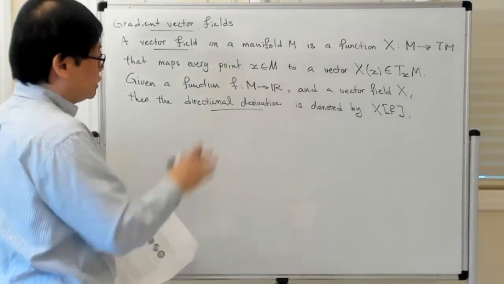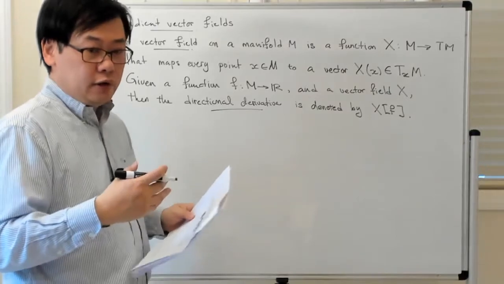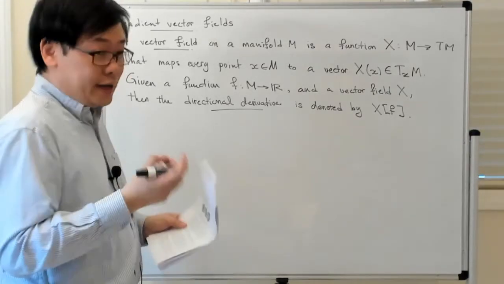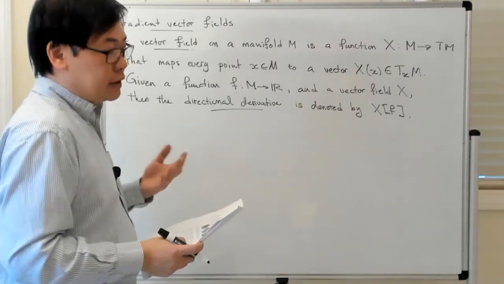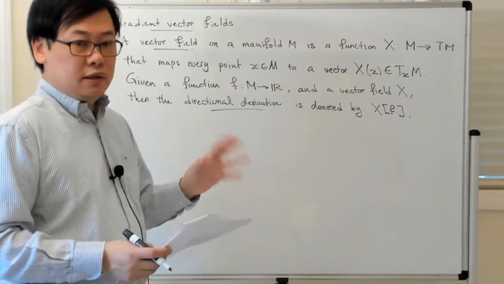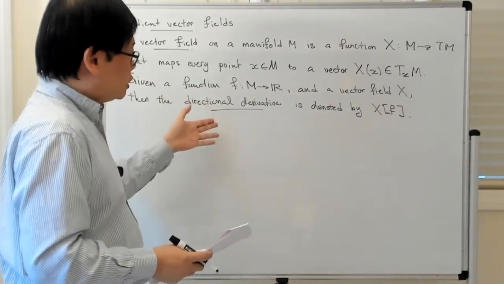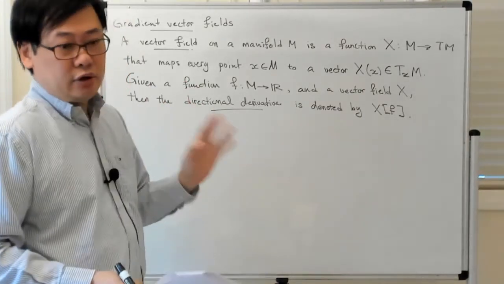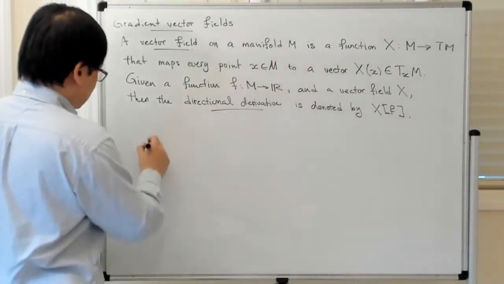So let me say a little bit about how you can define this directional derivative. As it turns out, the directional derivative doesn't require you to introduce some notion of length or distance, but the gradient will. In standard vector calculus in Euclidean space, one doesn't make such a clear distinction, but we'll see in a little bit why you can introduce a directional derivative without some notion of distance or a metric, but you need the metric to define the gradient.